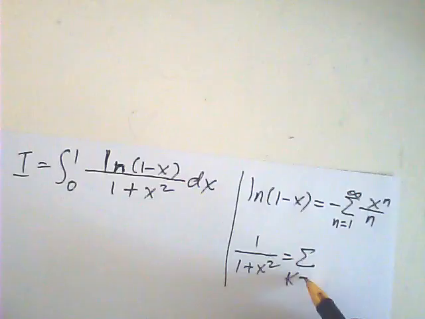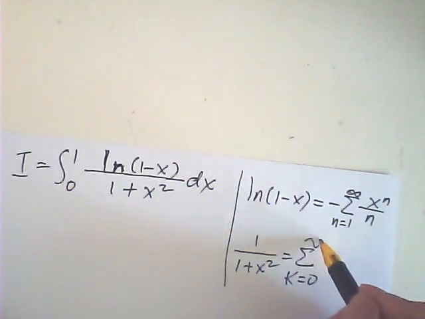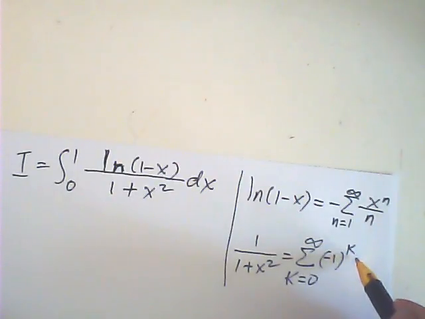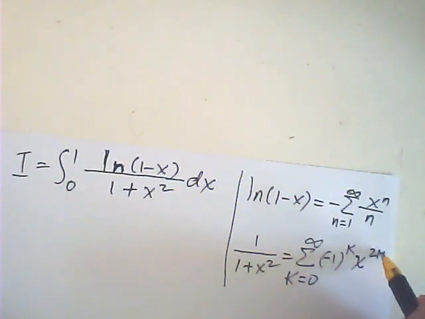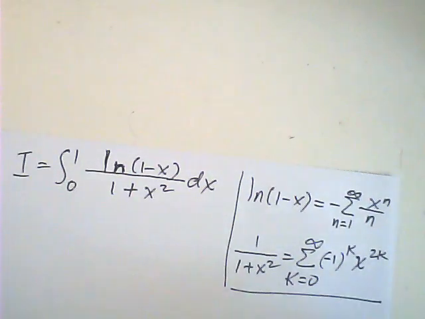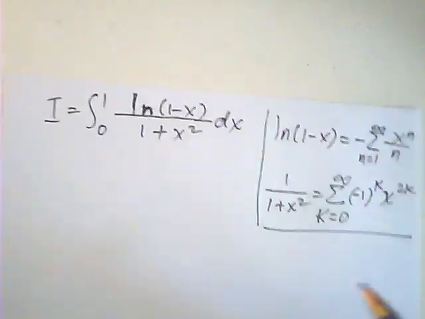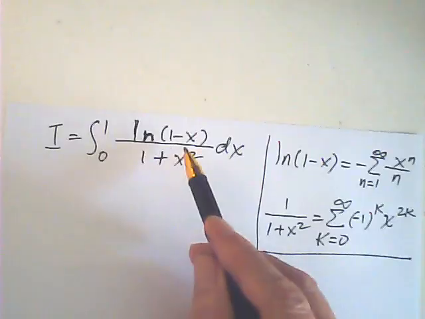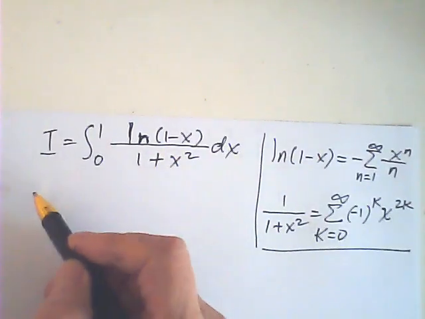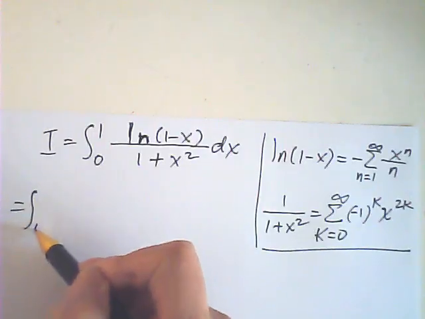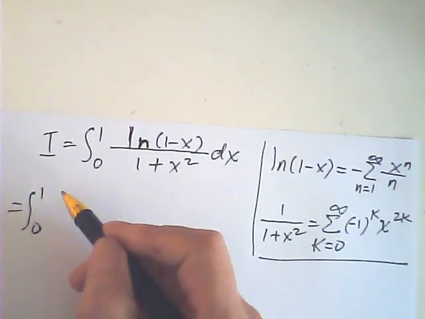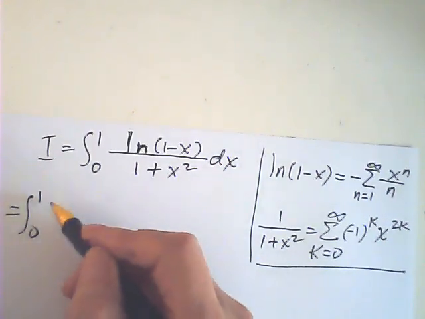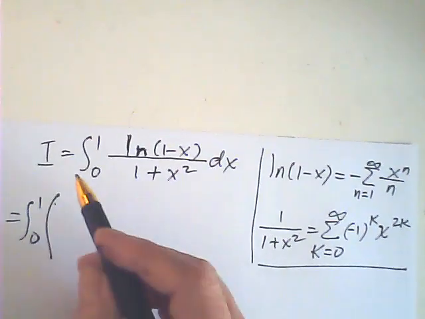This is k equal to 0, minus 1 to the k, x to the 2k, right? So I'm using 2 series for this integral. So this one is equal to 1, and it becomes very complicated.